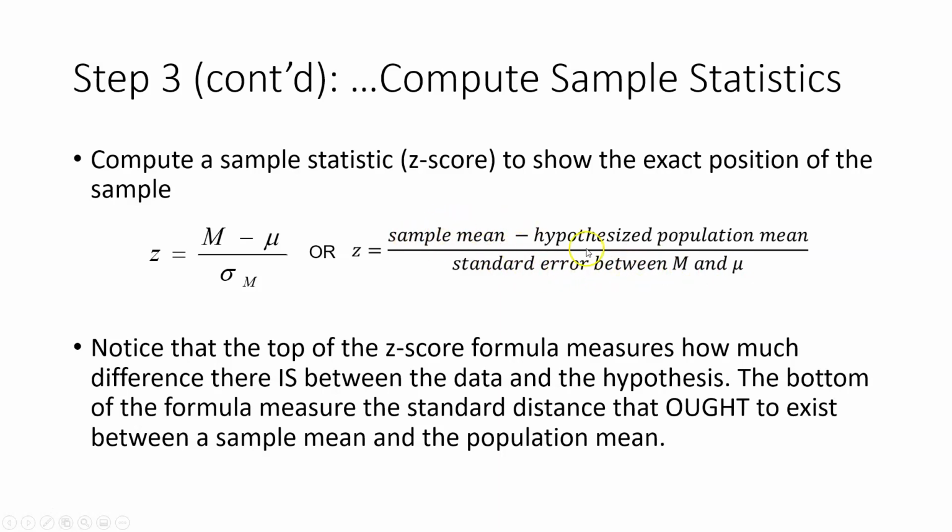So if the top is much larger than what we expect just by chance, then we will have a large fraction, and the z will fall far in the tails of the sampling distribution. So the bottom of the formula is measuring the standard distance that ought to exist between a sample mean and the population mean, and we're using that as a benchmark for how big our difference between our sample mean and population mean really is.